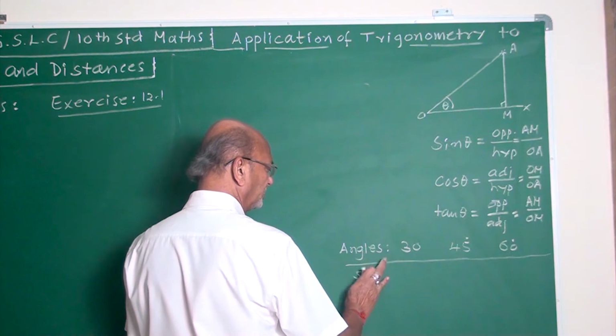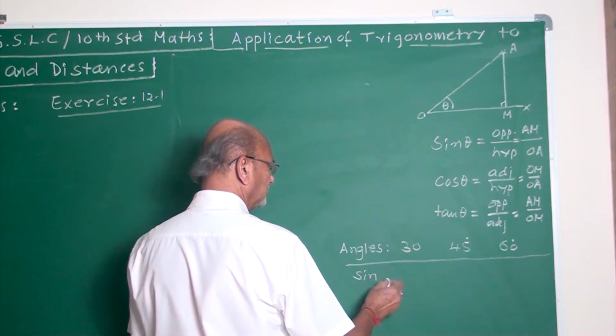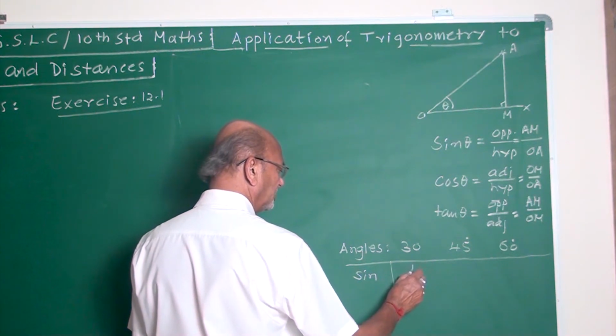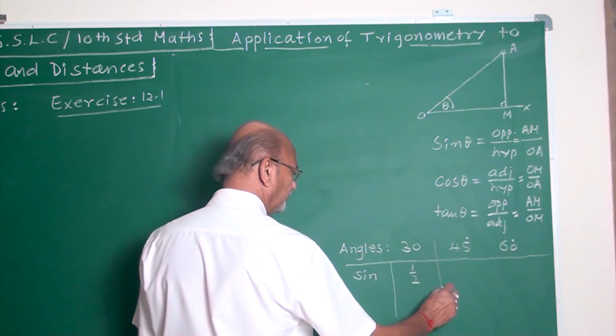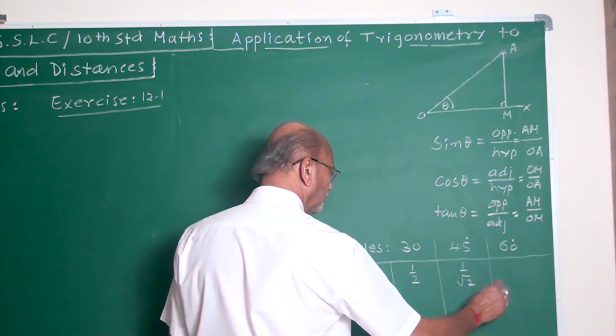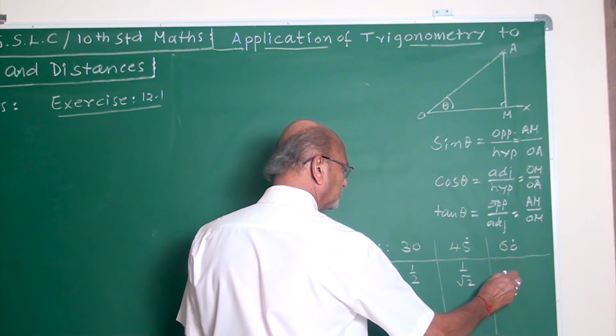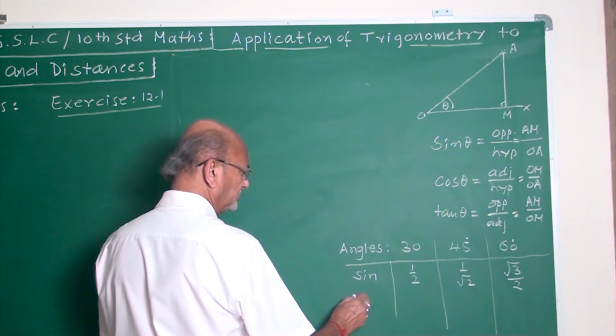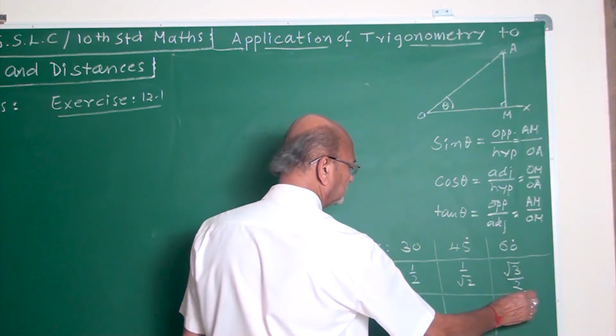First is sine. This is angle theta. Sine 30 is 1 by 2. Sine 45 is 1 by root 2. Sine 60 is root 3 by 2. This is related with sine.